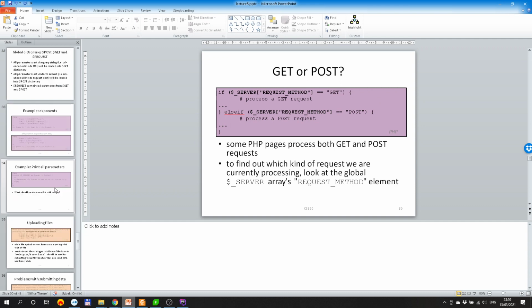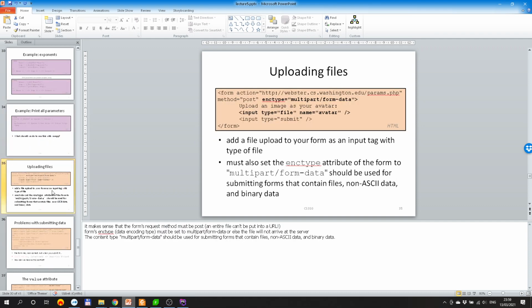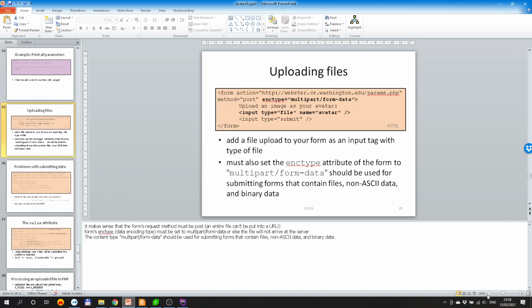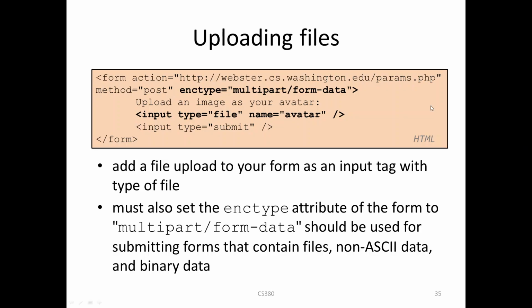So there's one more thing remaining, and it is uploading files. We can upload everything in a parameterized form, but can we upload files as well? Obviously not, because files contain additional information.